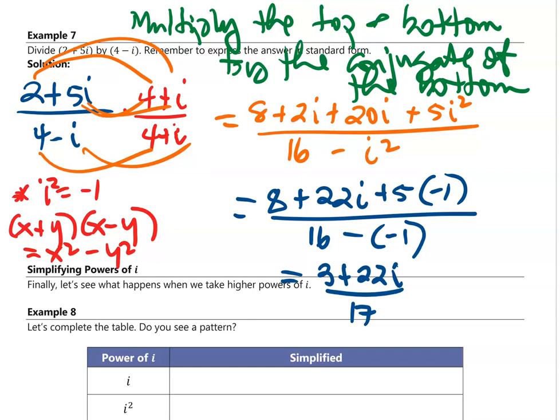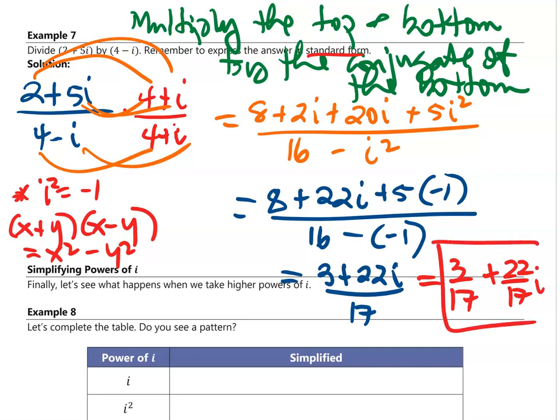So write it in standard form. That's going to be 3 over 17 plus 22 over 17 i. Okay, so this is in the standard form a plus bi. 3 over 17 is the real part, and the imaginary part is 22 over 17 i.